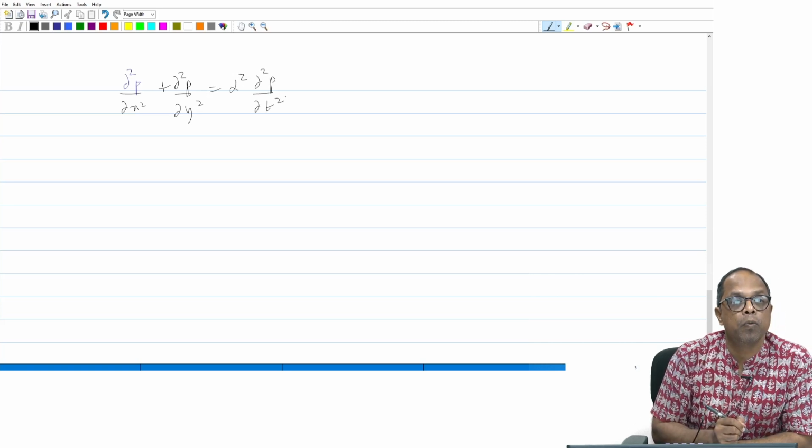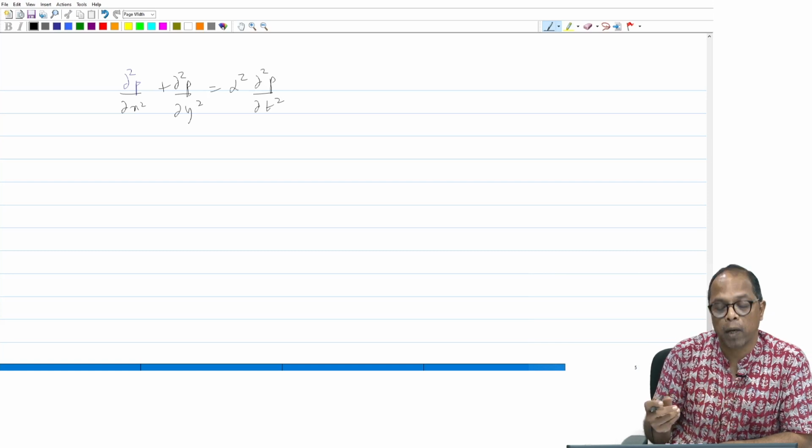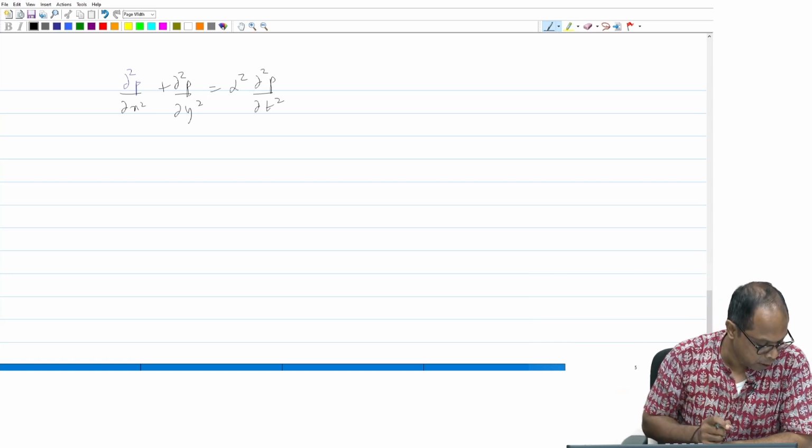The wave varies along x and y, it does not vary along z, to keep things simple.